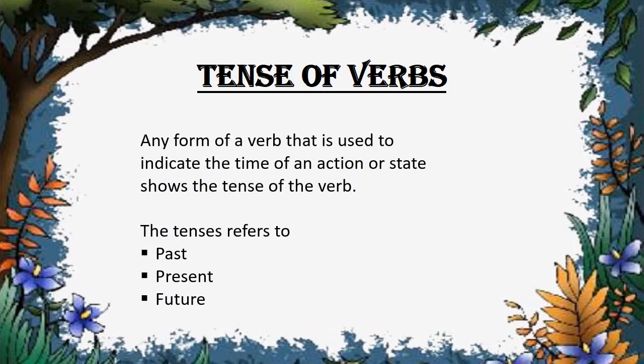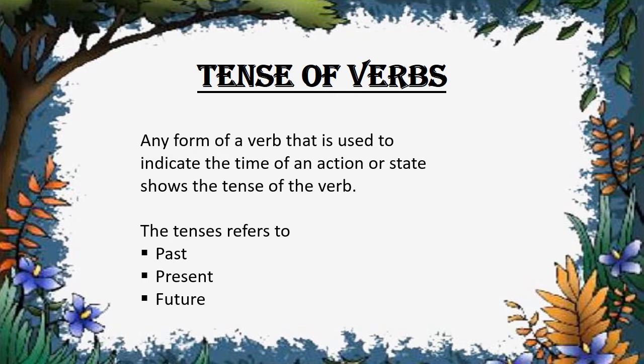So in this lesson you are going to learn about tense of verbs, and this also you already learned in your lower class. So let's have a quick revision recap, and then we can move on with the current topics. The definition given in your textbook is: any form of a verb that is used to indicate the time of an action, or the state.